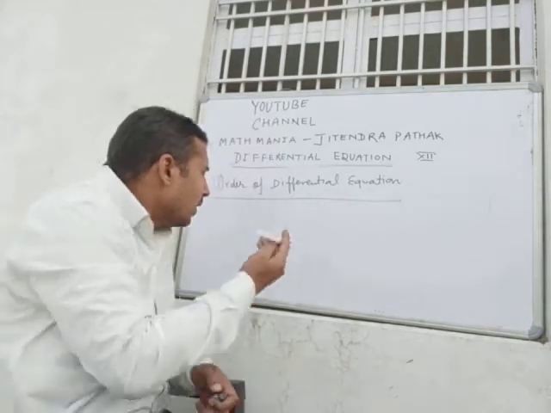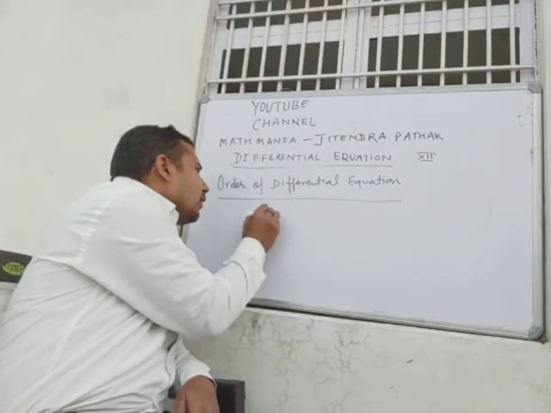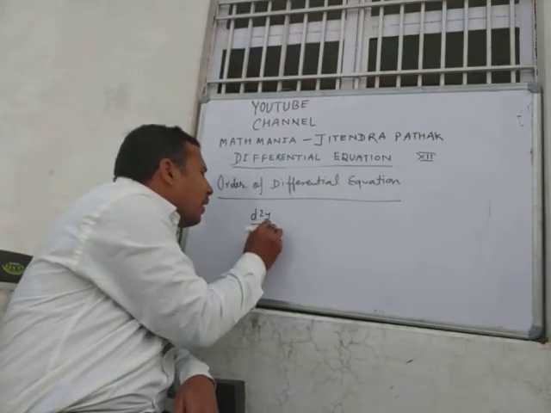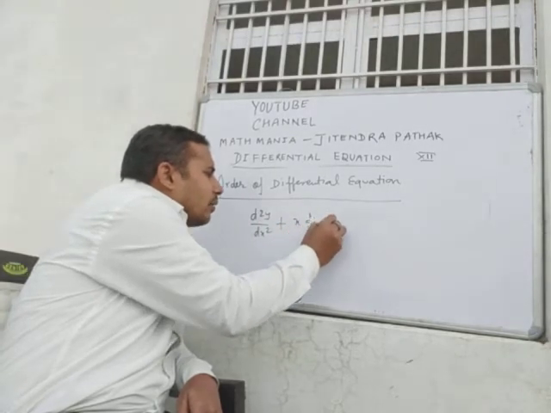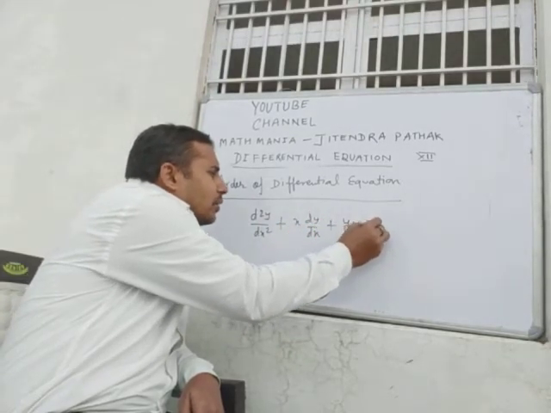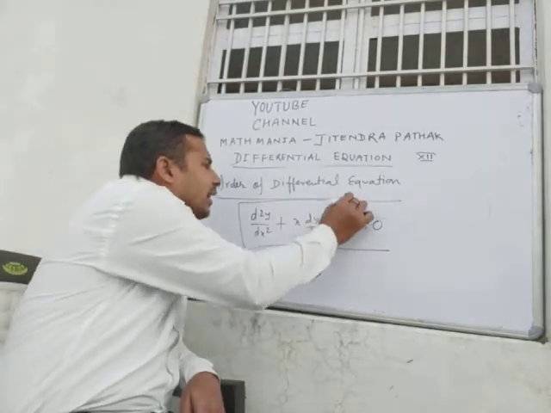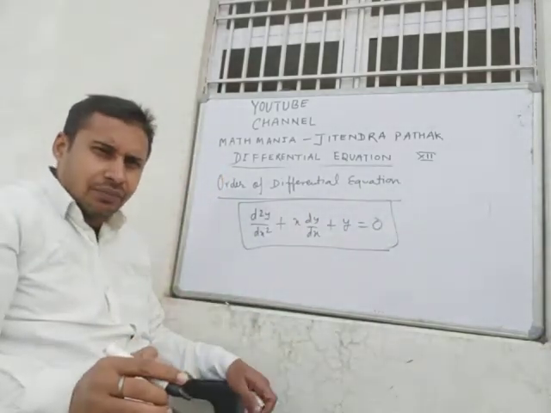Suppose that this is d2y upon dx square plus x dy upon dx plus y equals to 0. This is any differential equation.